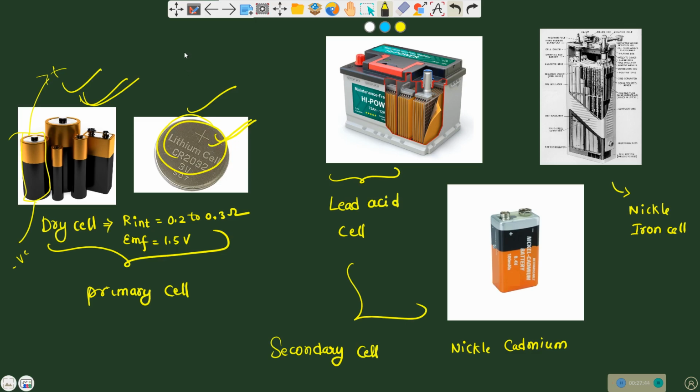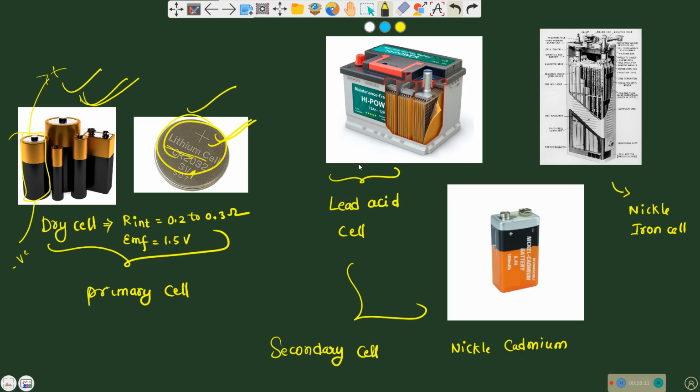Here we have the lithium cell, which is of 3 volts. A thin protective electronic insulating film is formed on the lithium anode, protecting the anode against corrosion, so they are using a non-corrosive material here.